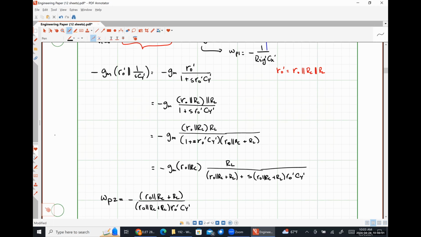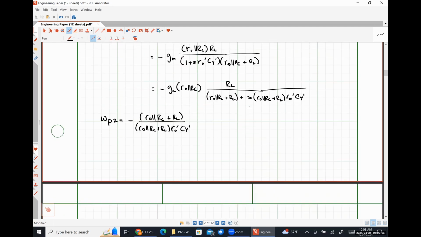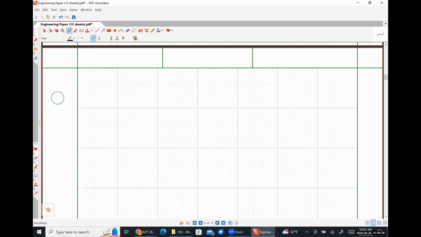All right, so here was our second method of direct analysis style. Now I want to introduce to you guys the method of open circuit time constants. We did short circuit time constants for low frequency, right?